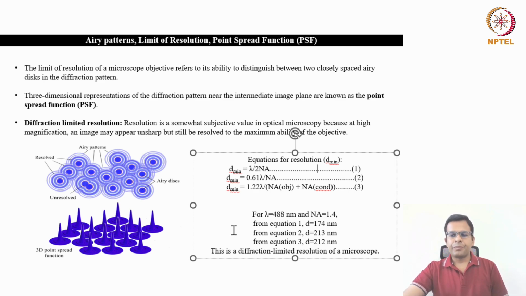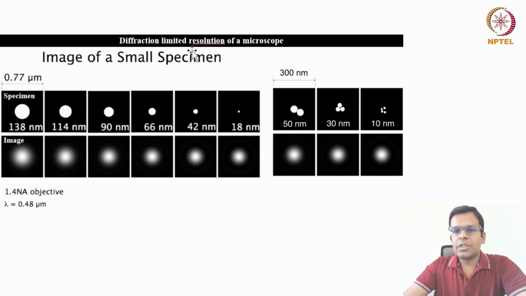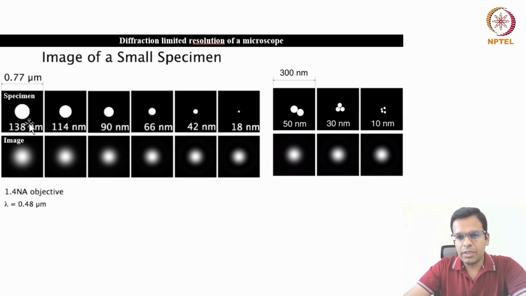To explain this, I will show you this slide. This is the diffraction limited resolution of a microscope. Here the specimens are of different sizes, from 18 nanometer to 138 nanometer, and below are the microscope images for these different sizes.